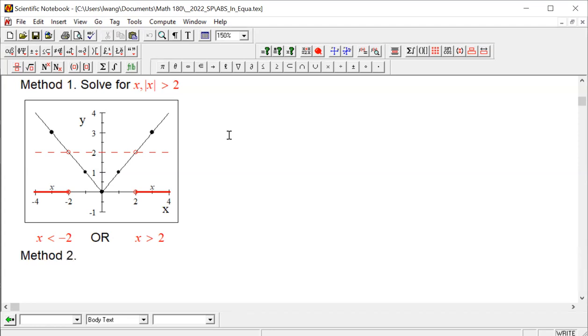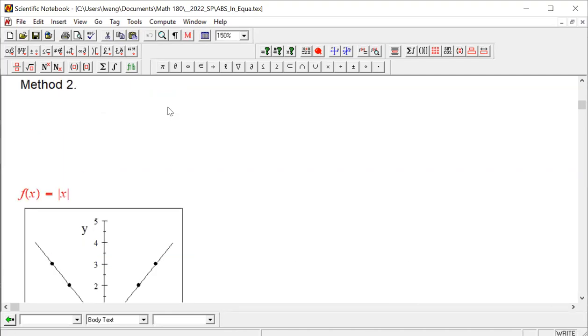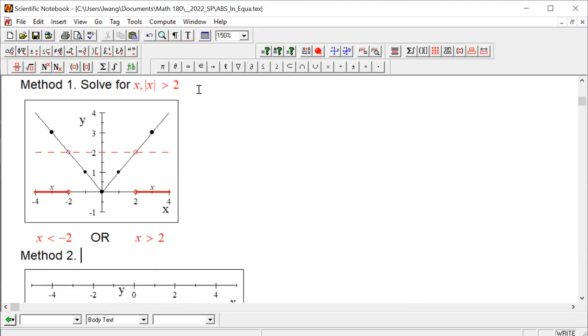Method 2, we're going to use definition. For definition, we don't treat it as a function. We just use the definition, and the situation we have here is solving for x.